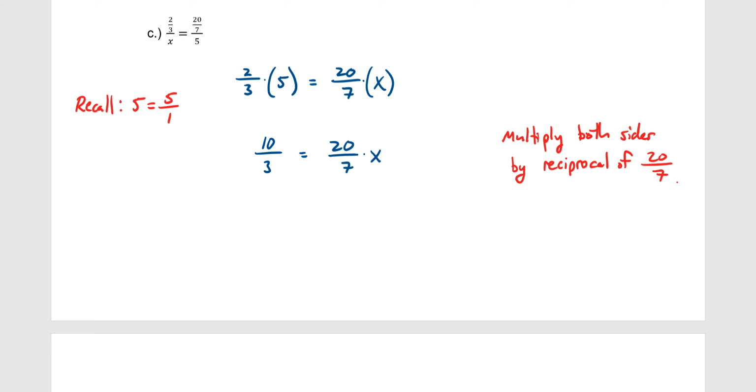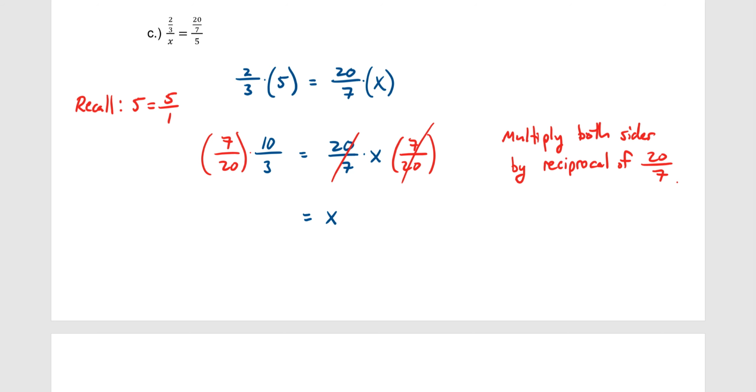We can multiply by the reciprocal, which is 7 over 20. So if we multiply by 7 over 20 on both sides, what that does on the right-hand side, that completely cancels it because 20 over 7 times 7 over 20 is 1. And on the right-hand side, we're left with the x.